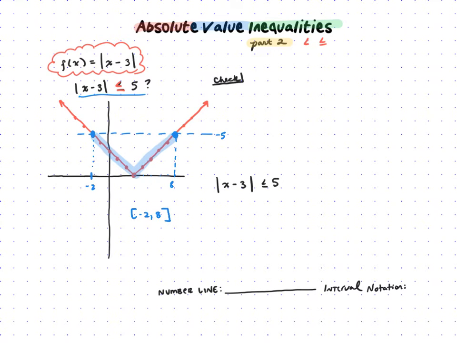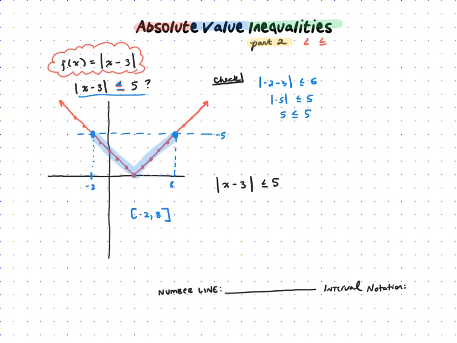Now those get brackets because it can be equal to 5, or it could be less than, but like -2 is fair game. Let's check. If I plug in -2, is that less than or equal to 5? It is. 5 is less than or equal to 5 because it's equal to. It just has to be one or the other for it to be true.